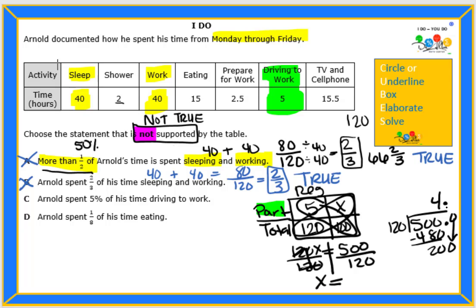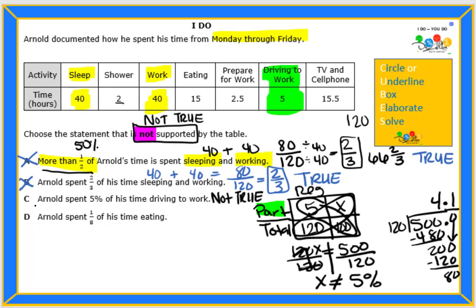And then 120 goes into 200 one time. And then we'll still have 80 and so forth. I ran out of space, but that's okay because x is equal to 4.1 something, something, something. But it's not equal to 5. It's not 5%. It's less than 5%. So it is not equal to 5%. So this is not true. And remember, we're looking for something that is not true. So I'm thinking that this is my answer.